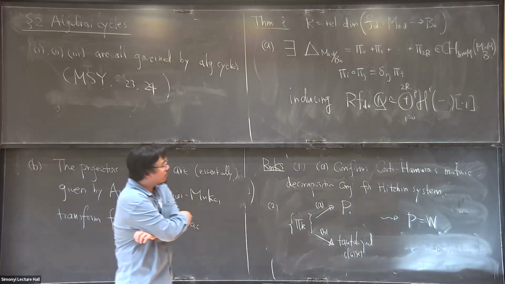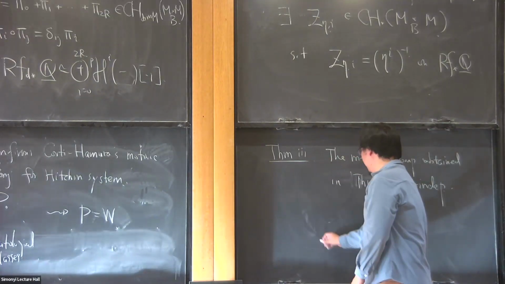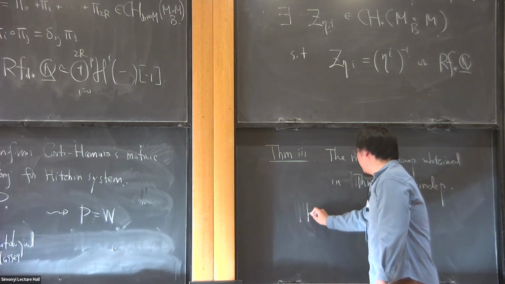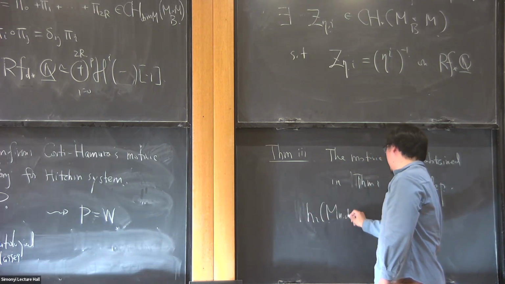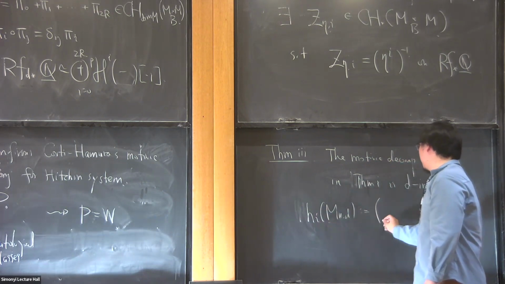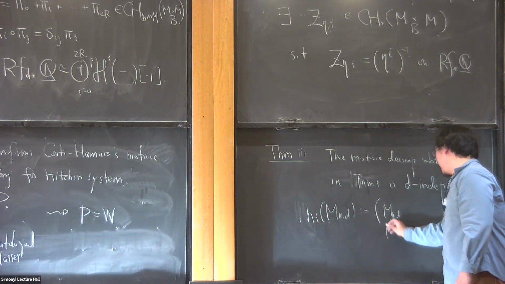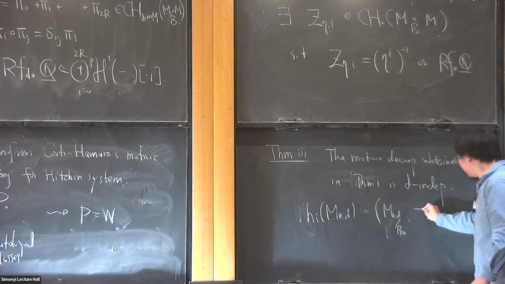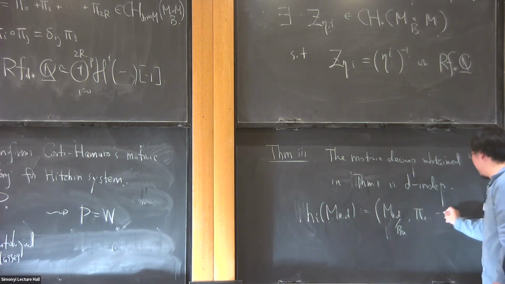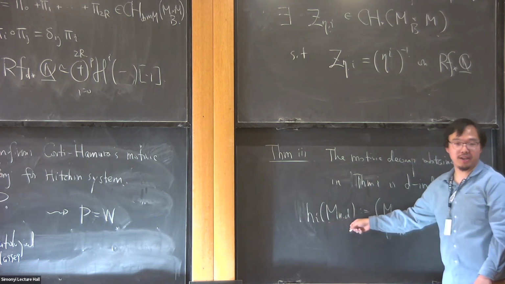Sorry, what is the meaning of the last statement? What does it mean that the motives are D-independent? If I write the relative motive, say the i-th cohomology motive of the fibration over the base, this motive is isomorphic to the corresponding motive for D prime.